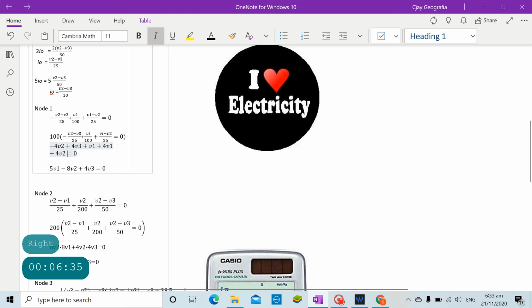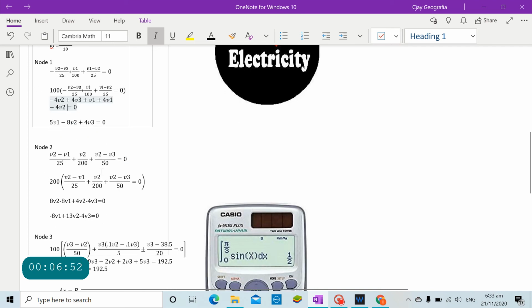So we need to arrange this. V1 plus 4V1 is equal to 5V1, minus 4V2 minus 4V2 is negative 8V2, plus bring down 4V3, is equal to 0. That's our equation 1 for node 1.